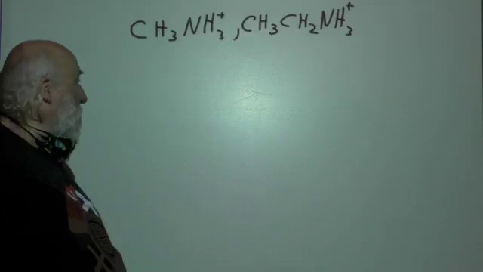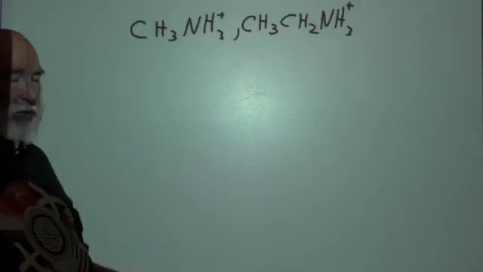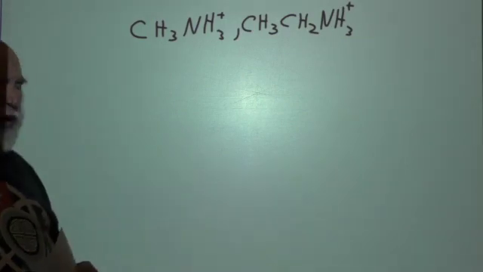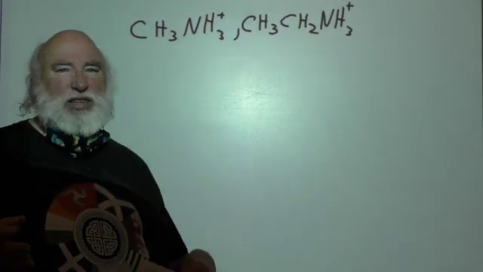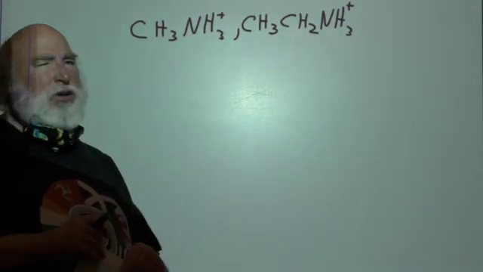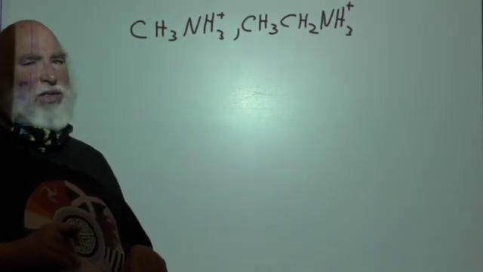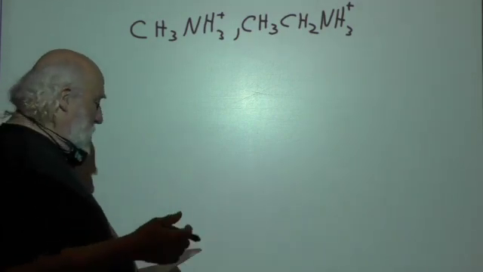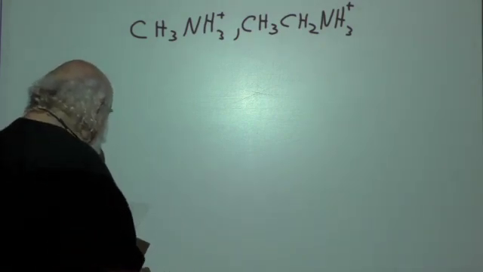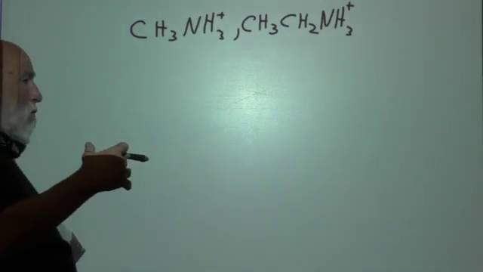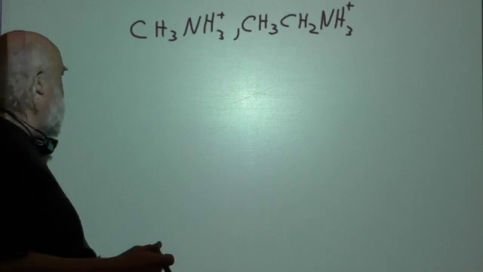But let's talk about the insoluble salts now before we get back to that example. How do we know with 100% certainty, or let's say 95% certainty, that we have a salt that is insoluble? Well, it turns out in this chapter, and in the appendix, there's a list of insoluble salts.